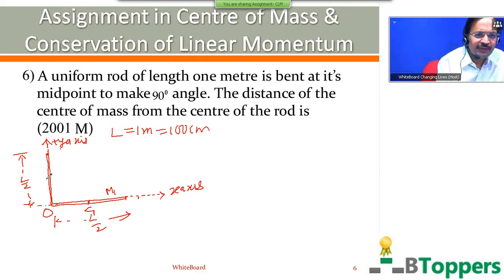Mass is M1. The center of mass of the second part of the rod will lie at the geometric center of the second part of the rod. That will be at a distance equal to half of L by 2, which will be L by 4. Similarly, this will also be L by 4.